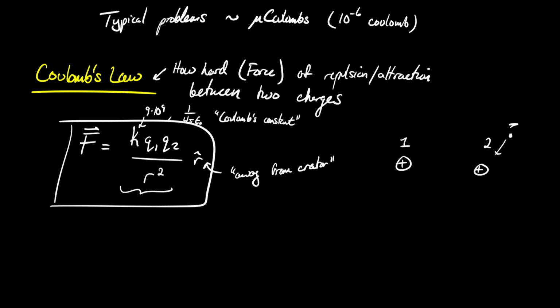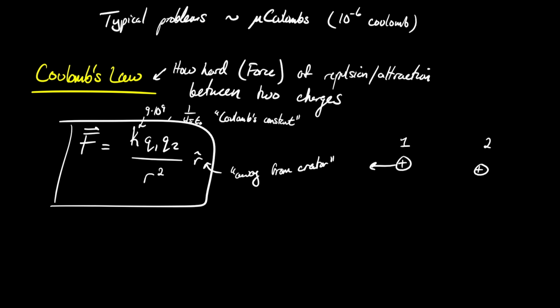That's just this expression. If I tell you what Q1, Q2, and r are, you can calculate the size of it, and charge 2 is going to feel a push away from the thing creating the push on it. So the push will be away from charge 1. Conversely, if you're trying to figure out the force on charge 1 due to the created field of charge 2, it points away from the creator by default if they're both positive.